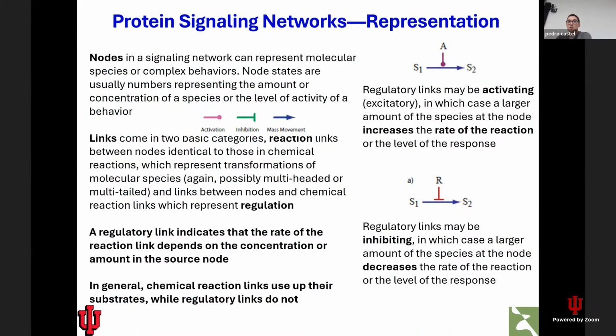The representation of these networks involves first flow of mass. So S1 going to S2 means you are losing S1, gaining S2, and A promoting the transition. That's a catalyst. That's what we saw before. But now we have another type of arrow, this blunt arrow type, inhibiting the transition from S1 to S2.